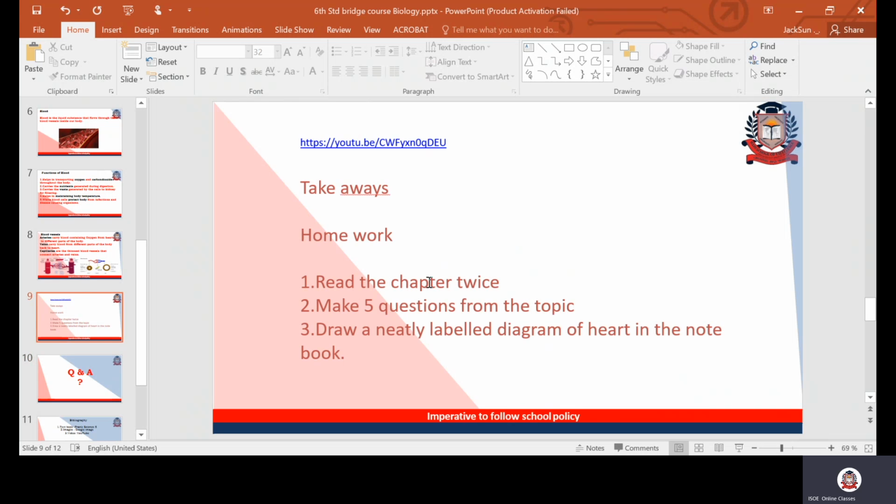Now we will be seeing the functioning of the heart. It's a muscular organ, the size of our fist, just towards the left side.